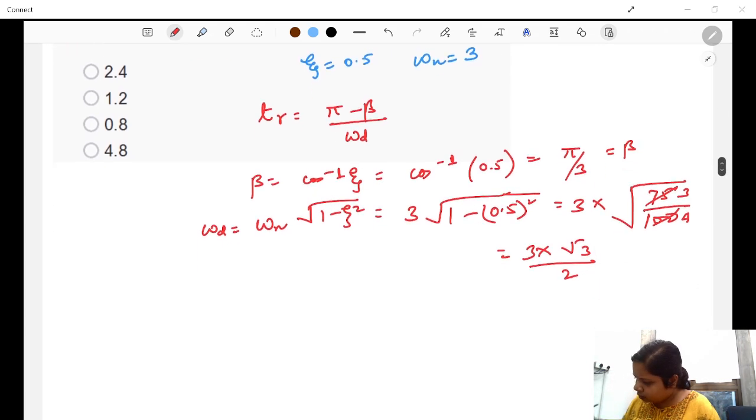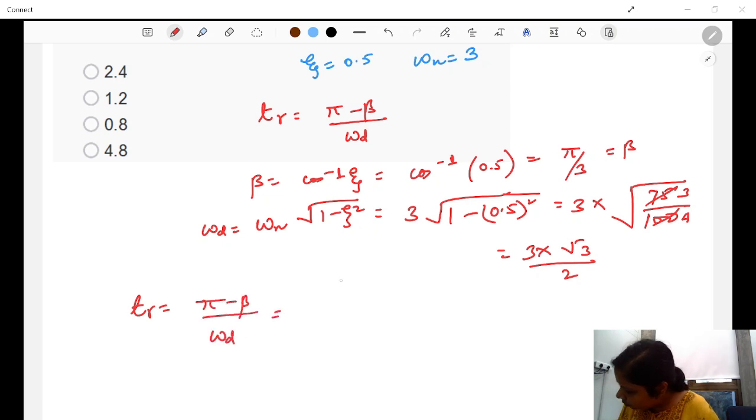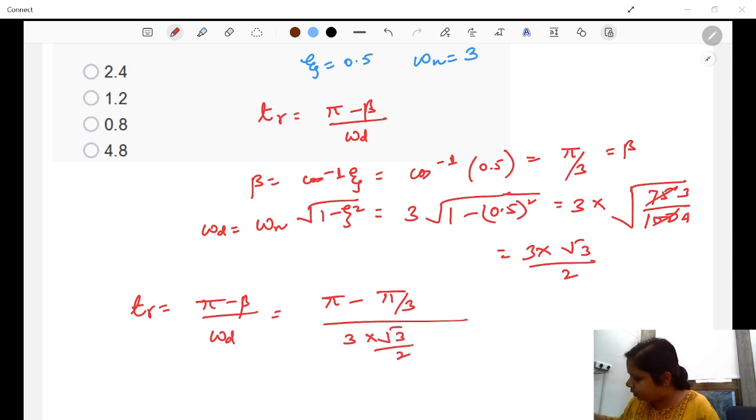Okay. So what is rise time then? Here pi minus beta by omega d is the value. Your pi minus pi by 3 upon 3 root 3 by 2. Okay. So it is 2 pi by 3.